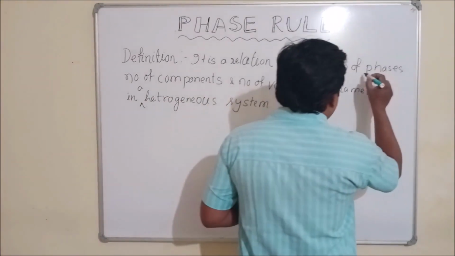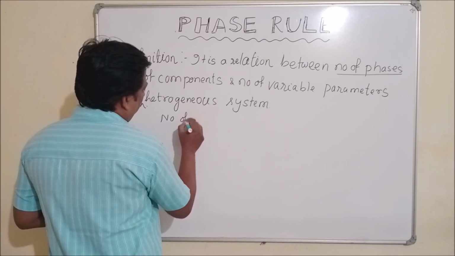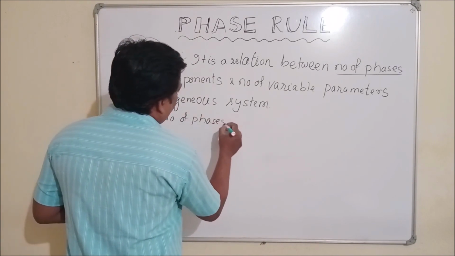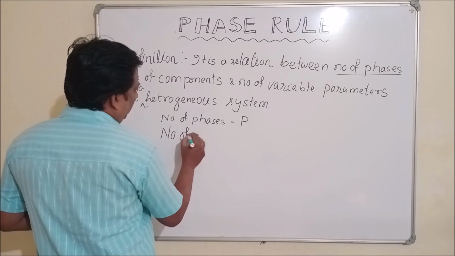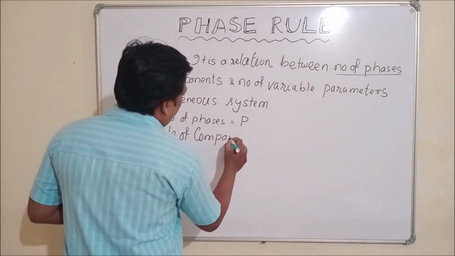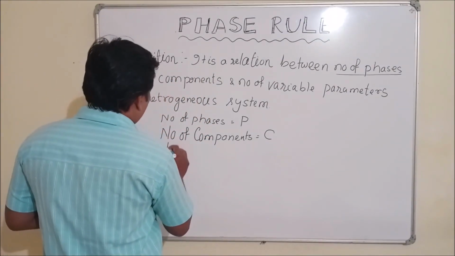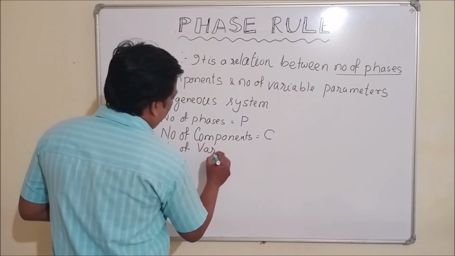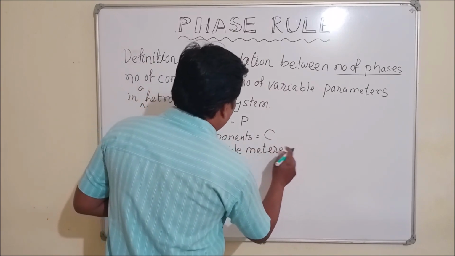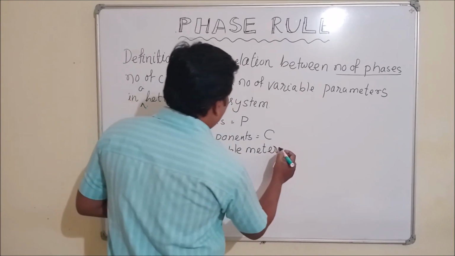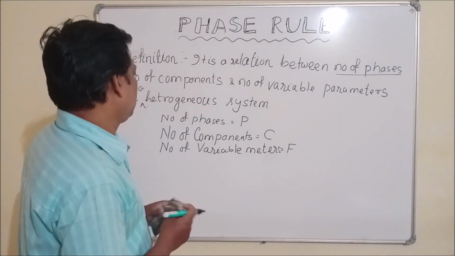So number of phases is represented by P, and number of components is represented by C, and the number of variable parameters is represented by F. So number of variable parameters.